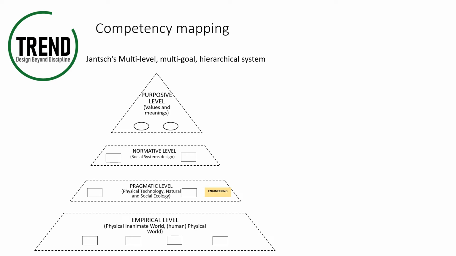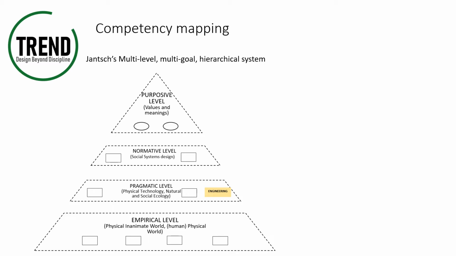It consists of empirical, pragmatic, and normative level, and at the top of the pyramid, purposive level with societal values and meanings. Different types of coordination and cooperation take place across the levels, involving the interaction of a range of actors, and these define different disciplinarities.